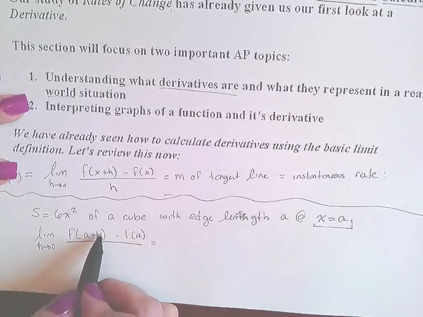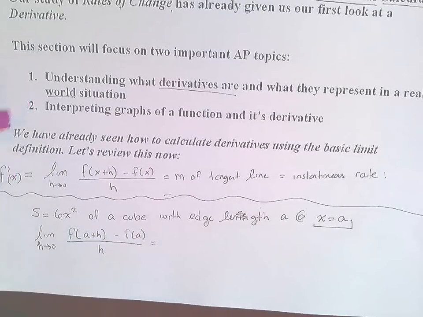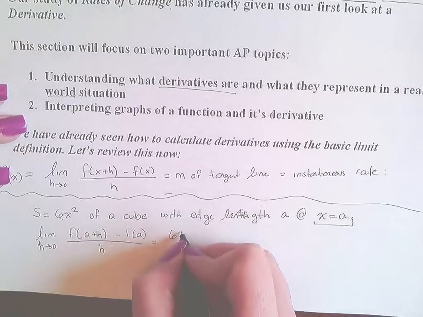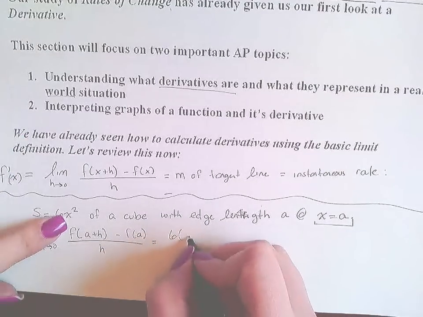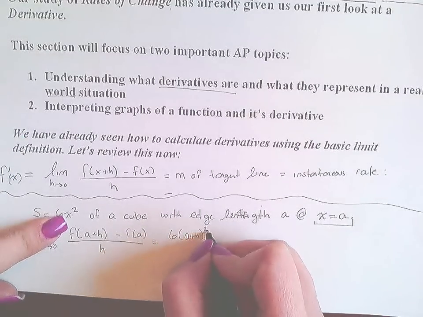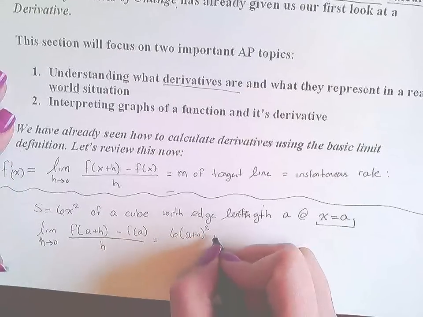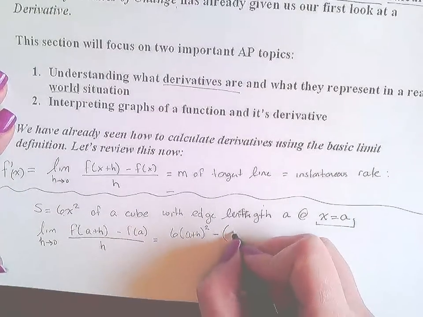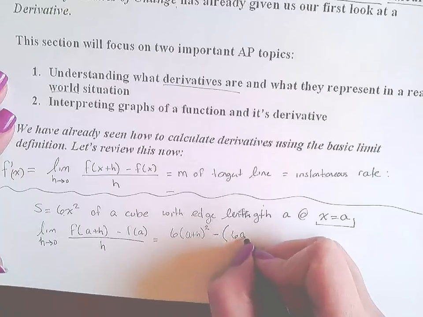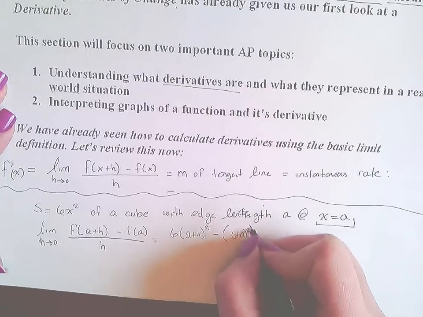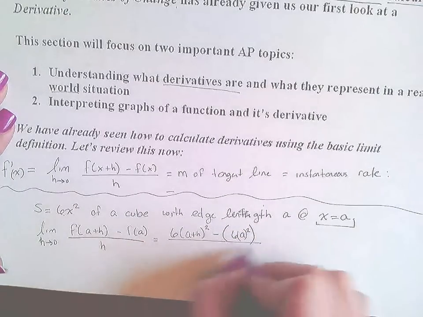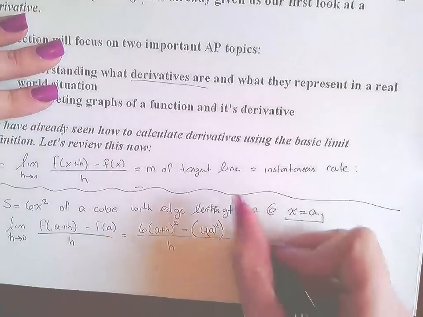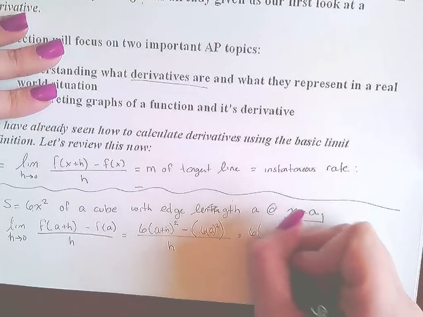And then remember, you take this and plug it in to x for that formula. So we get 6 times a plus h squared, and then minus, this whole thing is put in parentheses, 6 times a squared, all of that is over h. I don't have to redo this whole entire thing, but you guys know how this goes. You FOIL first.